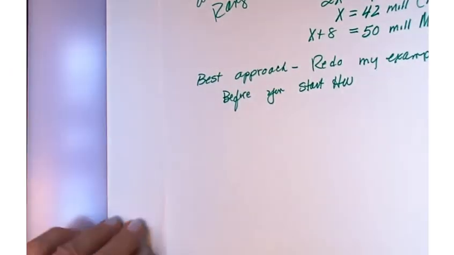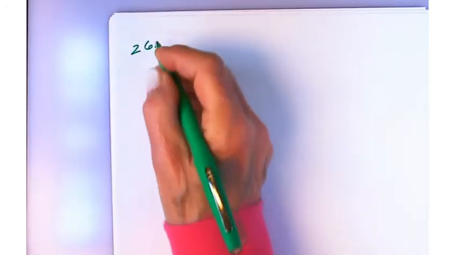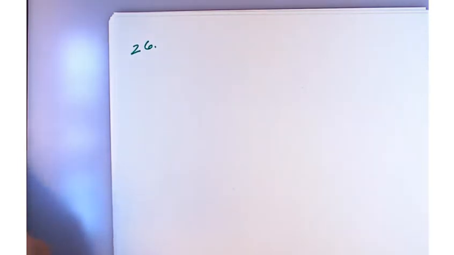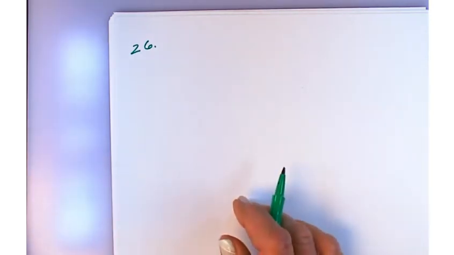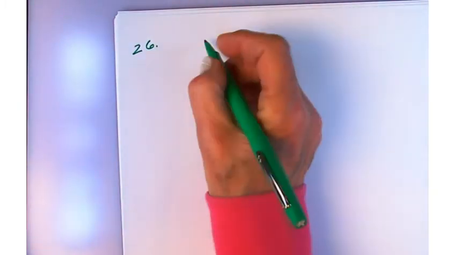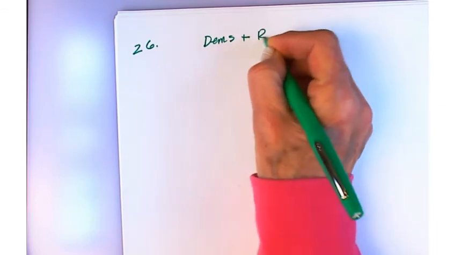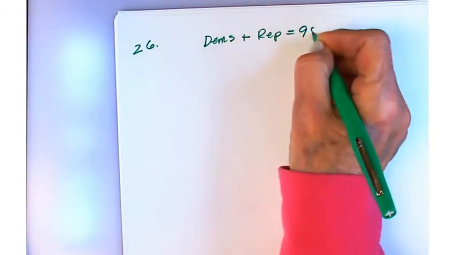So let's look at number 26. On number 26, the U.S. Senate had a total of 98 Democrats and Republicans. Democrats plus Republicans equals 98.